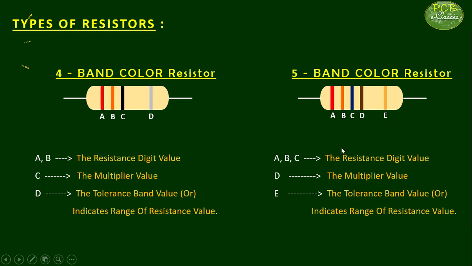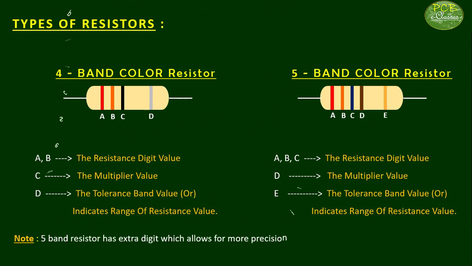The major note we have to take is that the 5-band color code resistor has the first 3 digit values, so it gives a more accurate or more precise value than the 4-band color code resistor. Fine.